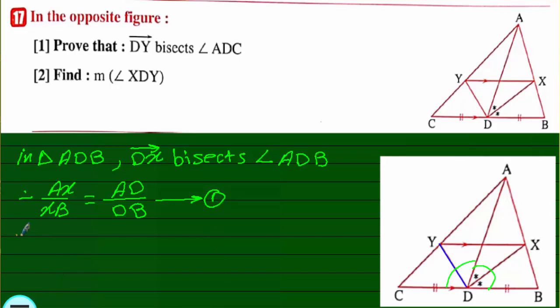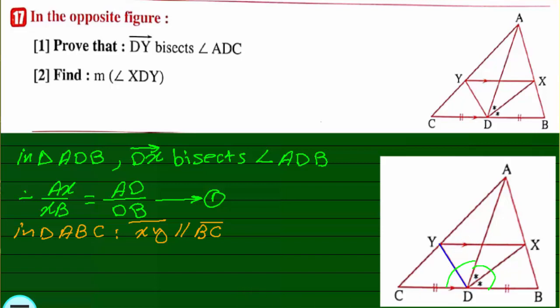And in triangle ABC, we have according to the given XY is parallel to BC. Here XY, it is given, right? XY is parallel to BC.